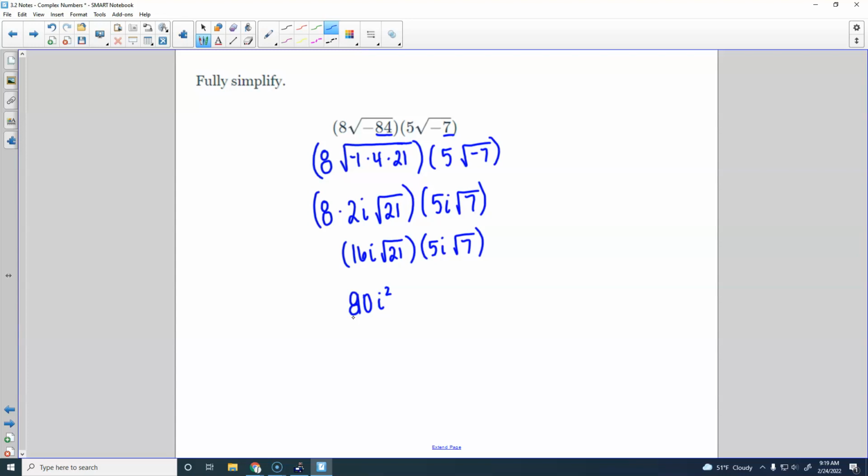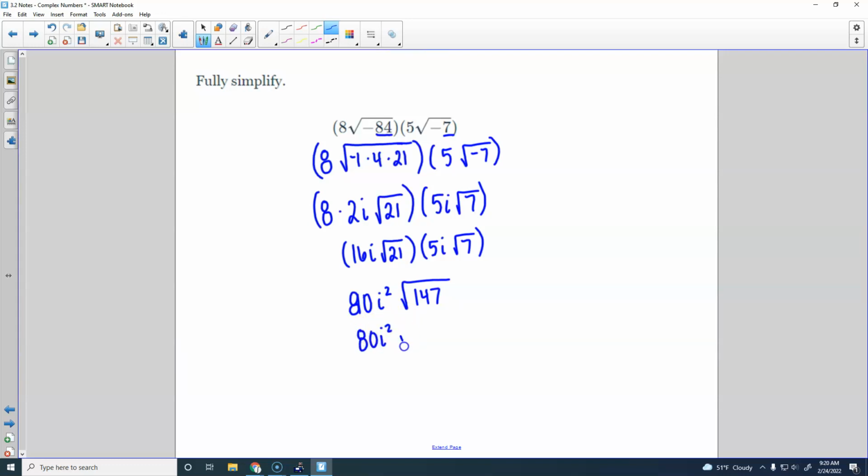Yes, 50 plus 30. Okay, and then 21 times 7, at the rate I'm going, I'm just reaching for the calculator on that one. 147. And then I'm pretty sure 49 will go into that. 49 times 3, yes.